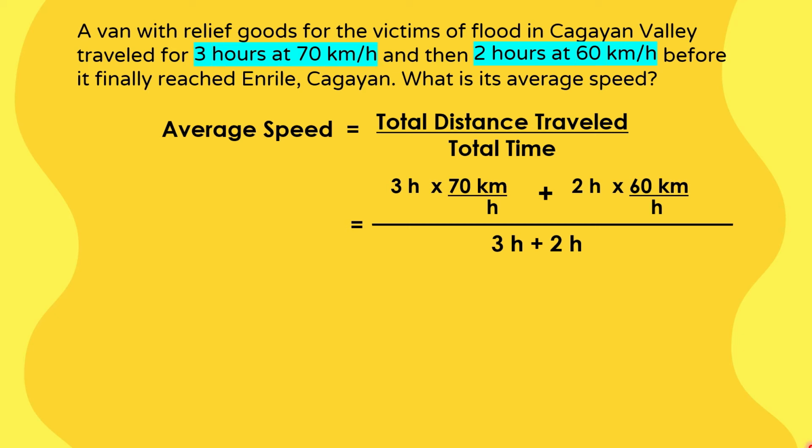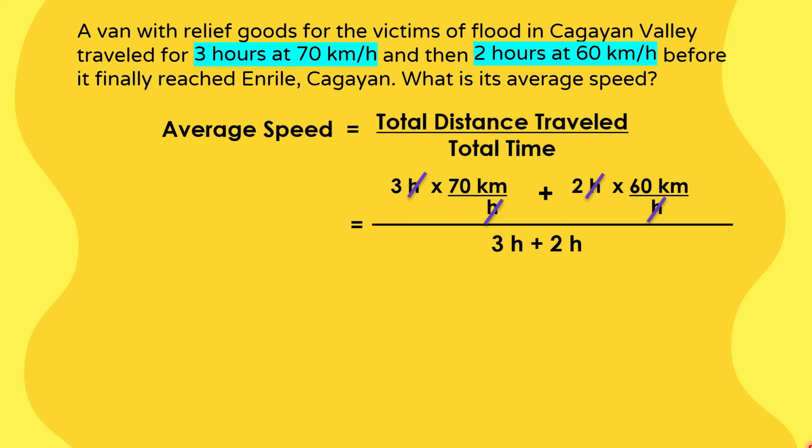And then we are going to find also the distance for the given 2 hours at 60 km per hour. So 2 hours times 60 km per hour over total time. Since our time is 3 hours and 2 hours, we are going to add 3 and 2. So let us cancel first the unit of measurement hour because an hour divided by an hour is equal to 1, and also this one.